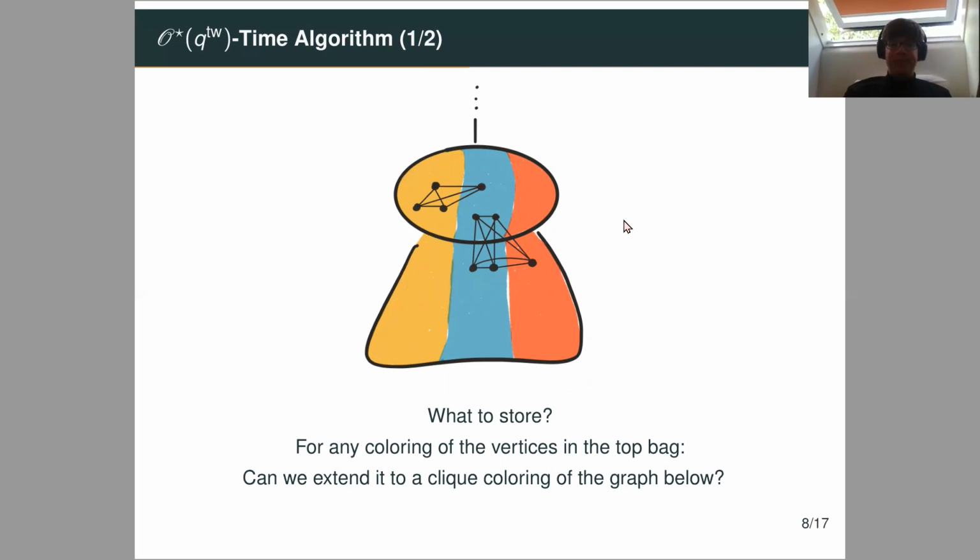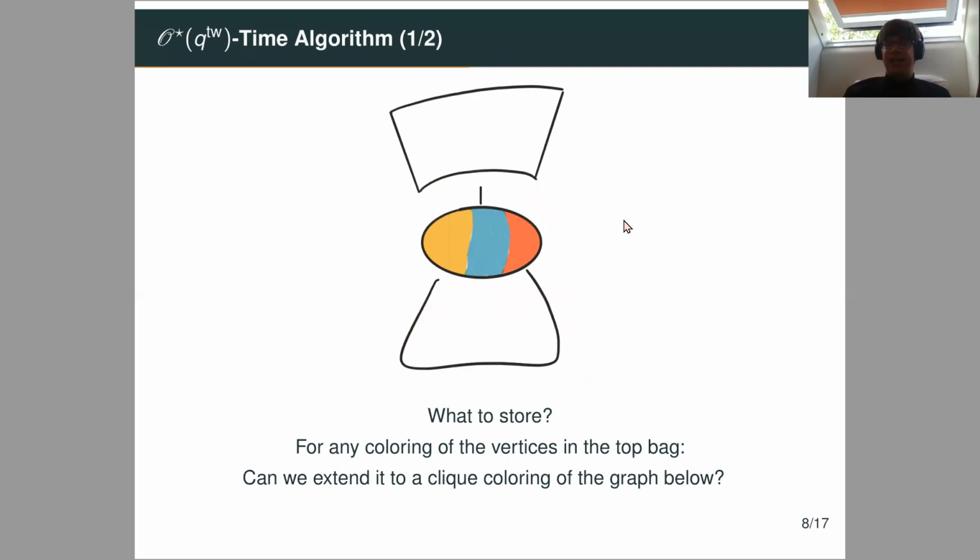Okay, but this is not really sufficient because there are still some vertices that appear later up in the tree decomposition, and they might influence the coloring of the vertices in the top bag.